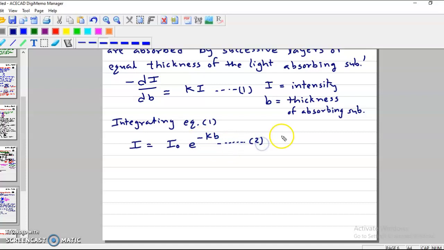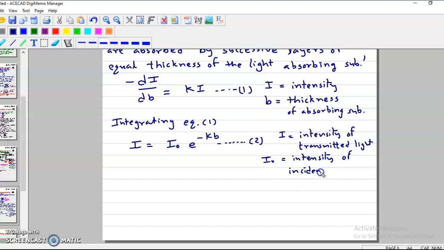This is equation 2, where I is the intensity of transmitted light, I0 is the intensity of incident light, and k is known as the proportionality constant, whose value depends on lambda.